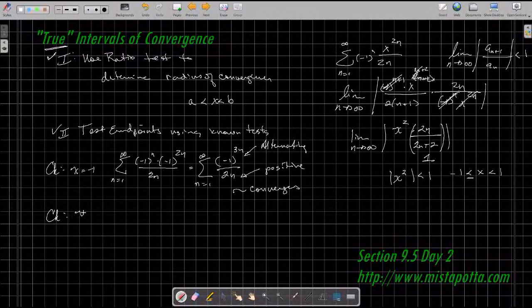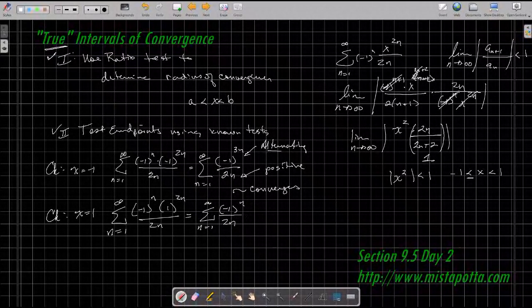If I check at x equals a positive 1, this series becomes n equals 1 to infinity of -1 to the n times 1 to the 2n over 2n. But this term really contributes nothing to my series. So this becomes the sum from n equals 1 to infinity of -1 to the n over 2n.